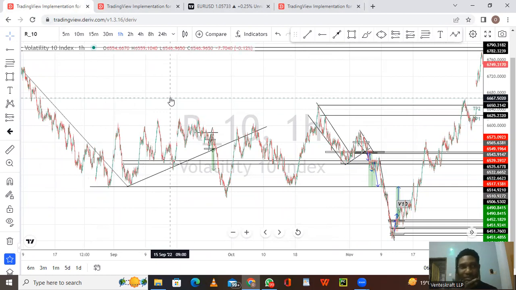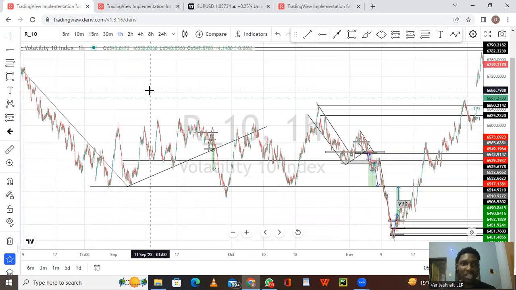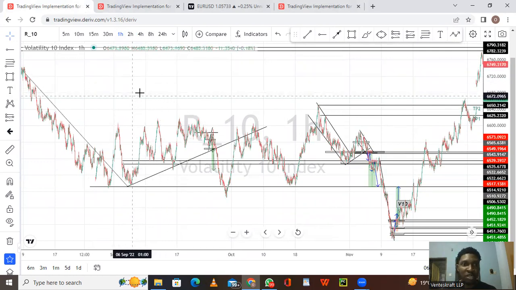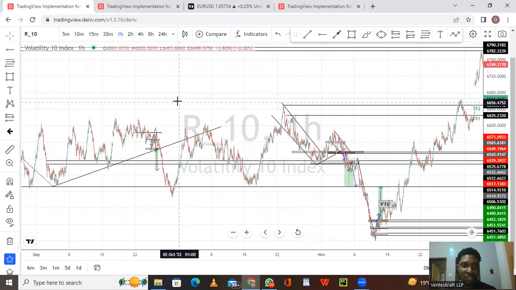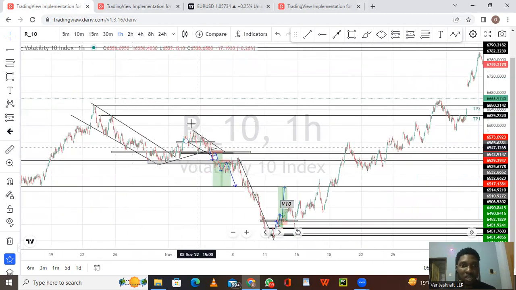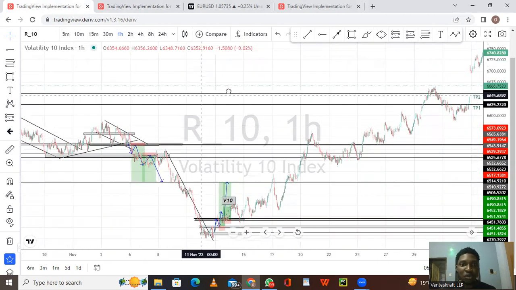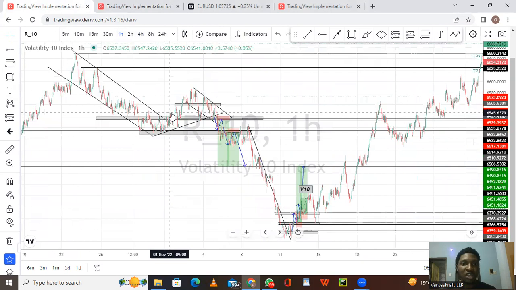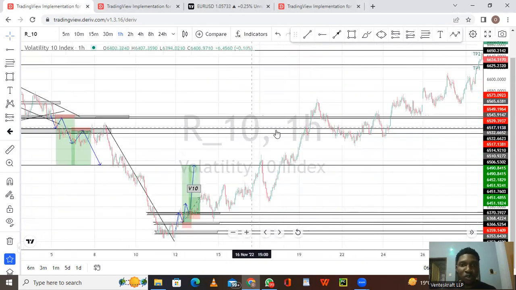The difference between these time frames is that for this structure to be formed on the higher time frame, it will take a longer time. Take, for instance, we are on the 1 hour time frame. What that means is that each of these candles takes an hour to be formed, and 24 hours make a day.